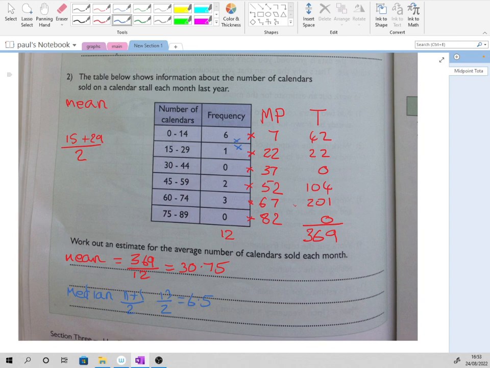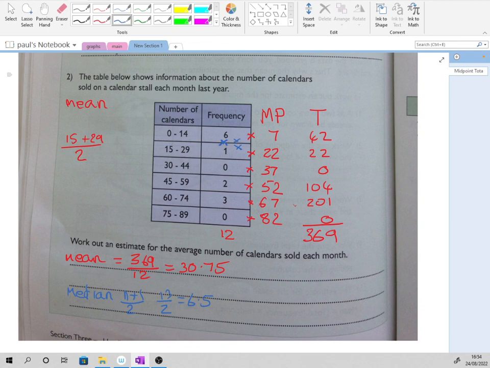So 6.5 from the end. 3, 4, 5, 6. 6.5 is there. It's on that line, isn't it? So it's just between. It just doesn't work, does it? The median, it doesn't work. I wonder why. Because it's grouped. I'm going to have to give up on that one and say the median doesn't work.